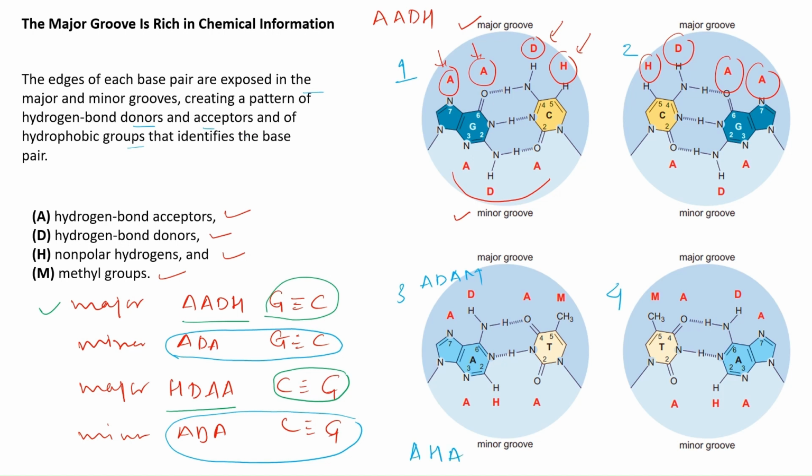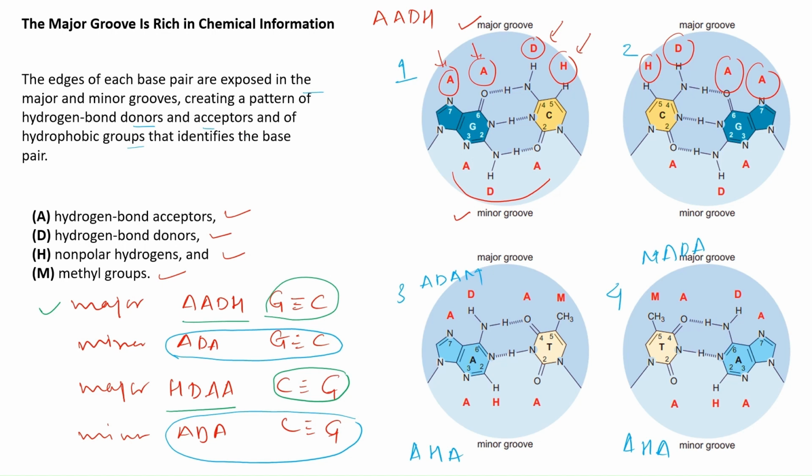Similarly, when T pairs with A, it is MADA, whereas in the minor groove, again it is AHA. So in the minor groove, it is very difficult to differentiate the pairs, whereas with the help of the major groove, it is easy to differentiate the pairs. That's why the major groove is rich in chemical information.